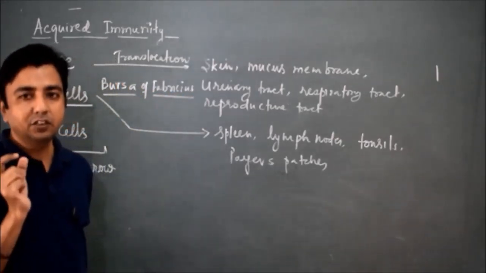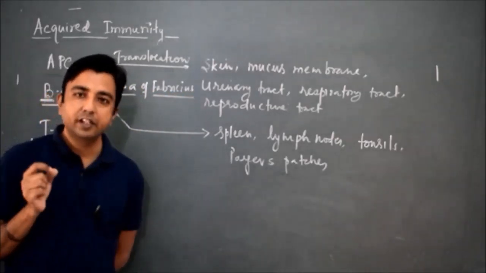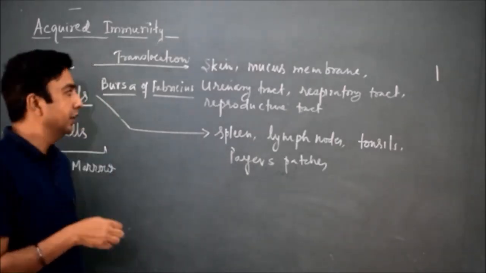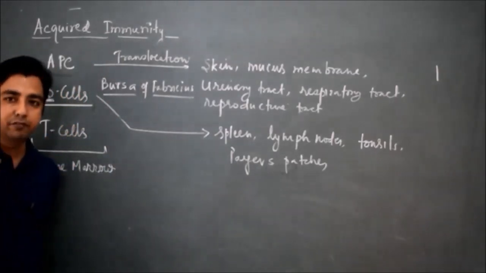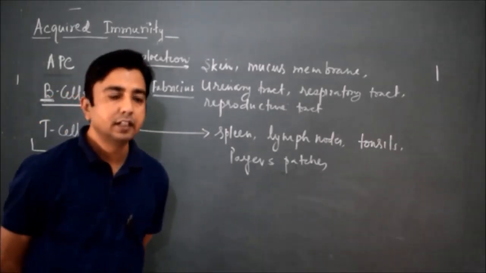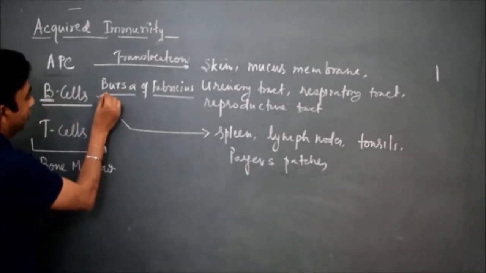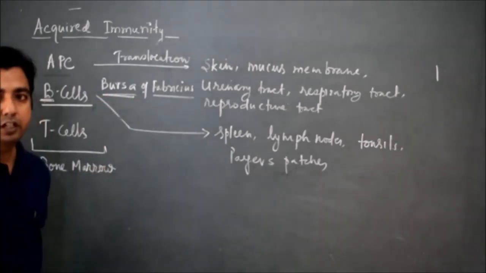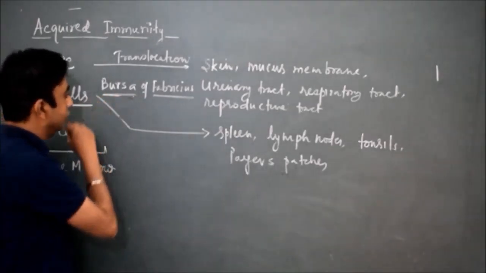It is a specialized organ that is present in birds. That's where B cells were first discovered by the scientists. And that B stands for bursa, just to signify the importance of this organ.